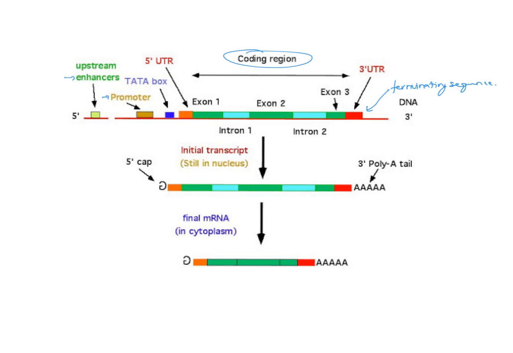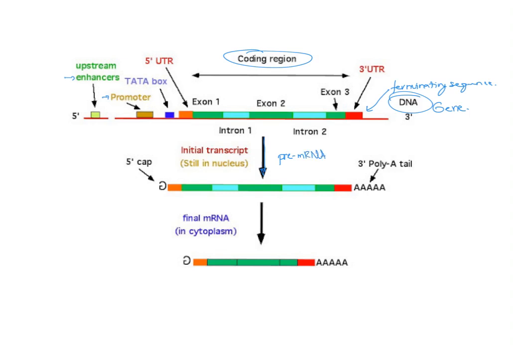Okay. And what I want to point out here is that if this is our gene, this is DNA, so this is our gene. So when transcription occurs, the immediate result, the product of that transcription, is something called the initial transcript. It's also called pre-mRNA.